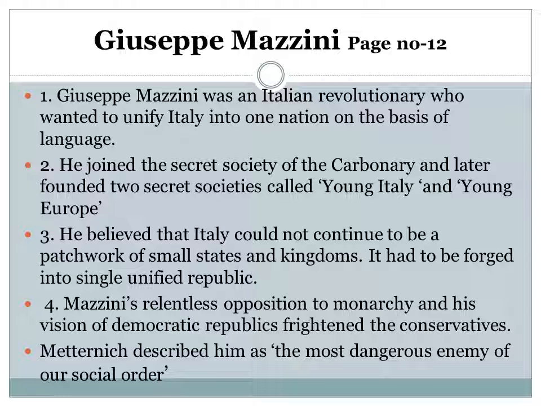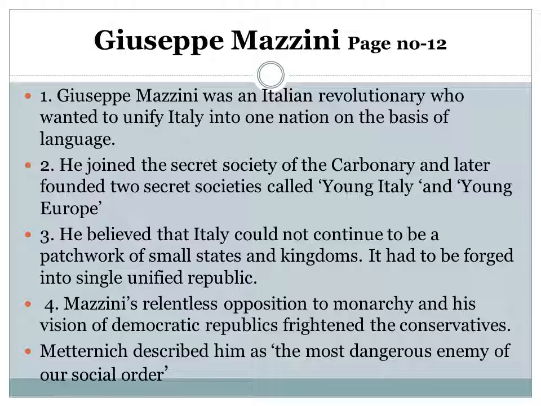Now, we are going to learn about an important revolutionary of the period, Giuseppe Mazzini. Giuseppe Mazzini was an Italian revolutionary who wanted to unify Italy into one nation on the basis of language. He joined the secret society of the Carbonari and later founded two secret societies called Young Italy and Young Europe.